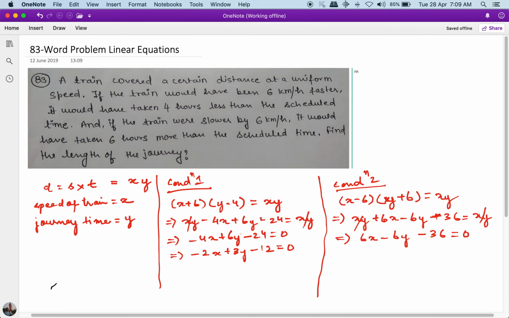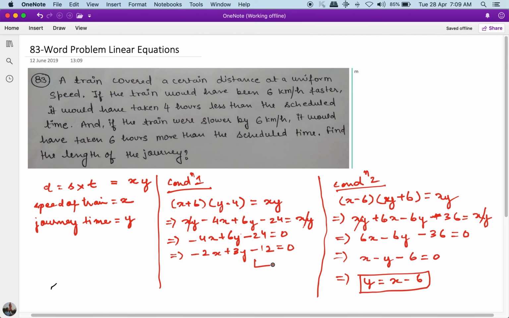6x minus 6y, dividing by 6, gives x minus y minus 6 equal to 0. Okay, so here we get y is equal to x minus 6.